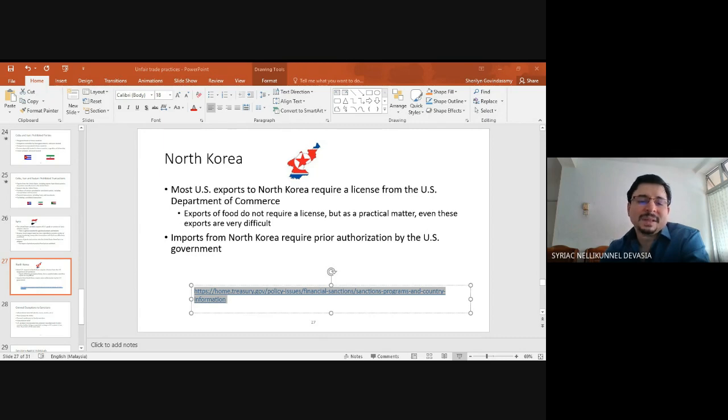Then you have the European Union sanctions. The European Union does not have as many sanctions as the US has. They also have a list of restricted persons with whom European Union citizens and companies cannot do business. So what do they need to do?